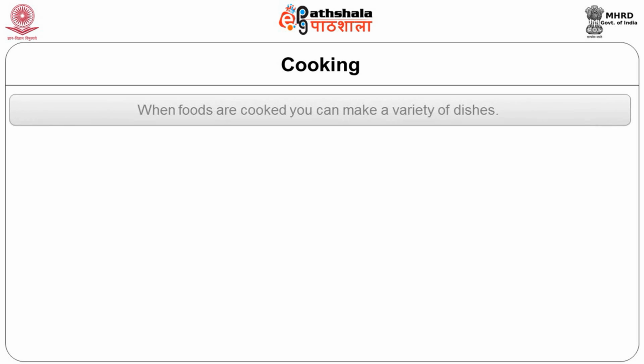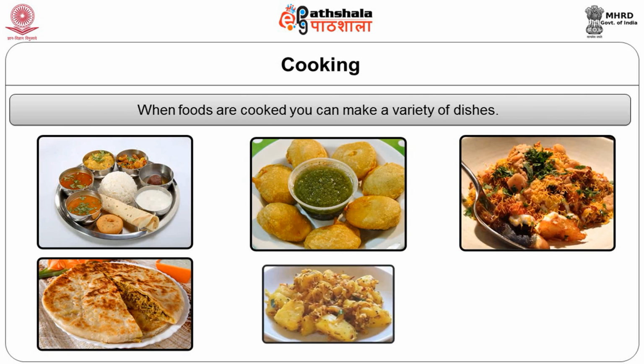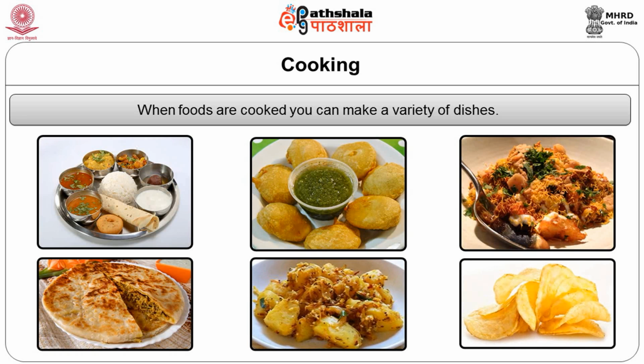Next, dear students, when foods are cooked, you can make a variety of dishes. Cooked foods provide variety in your meals. You must have eaten potatoes cooked in different ways, such as pakora, potato chaat, potato parantha, potato vegetables and potato crispies.